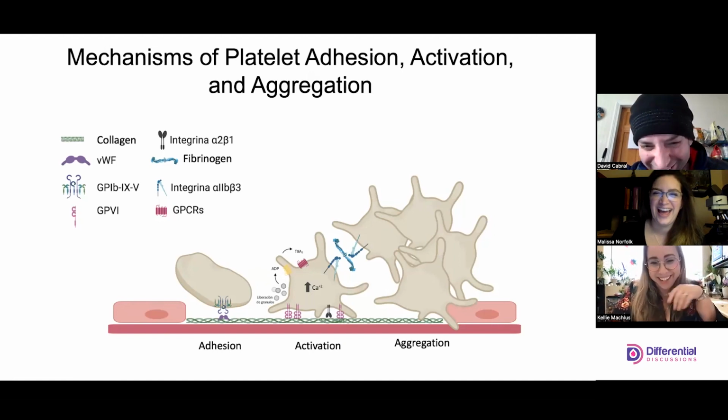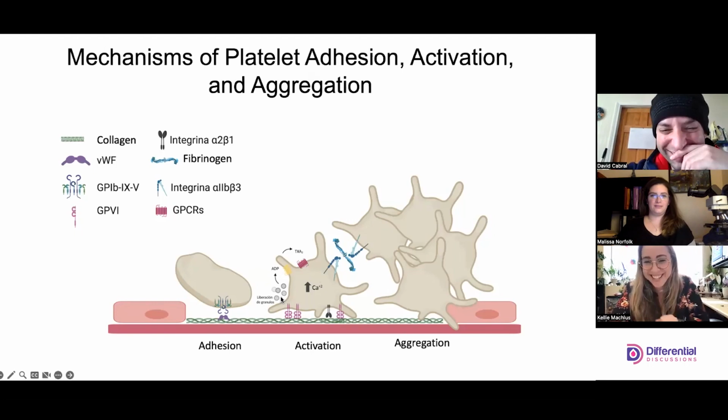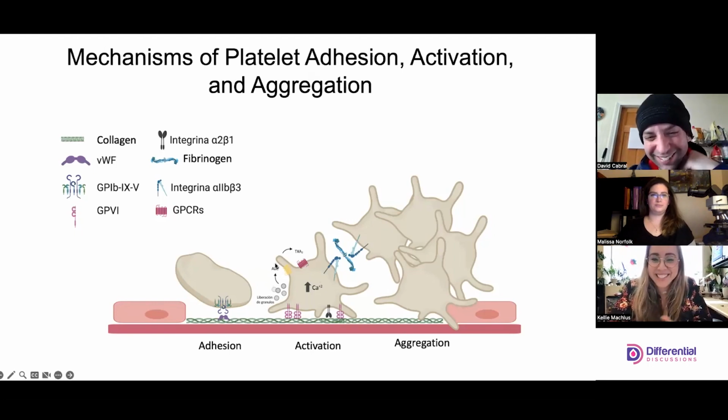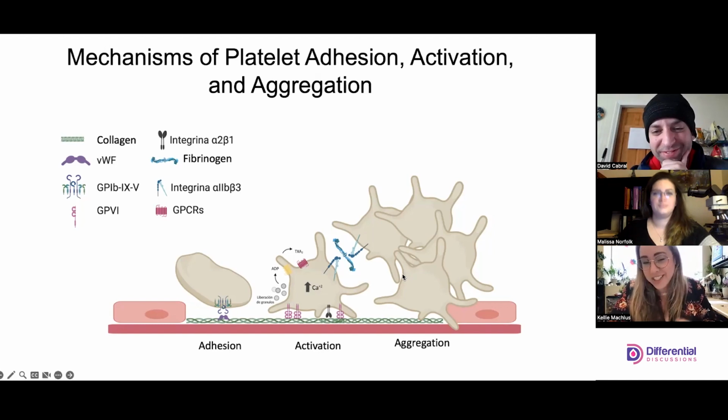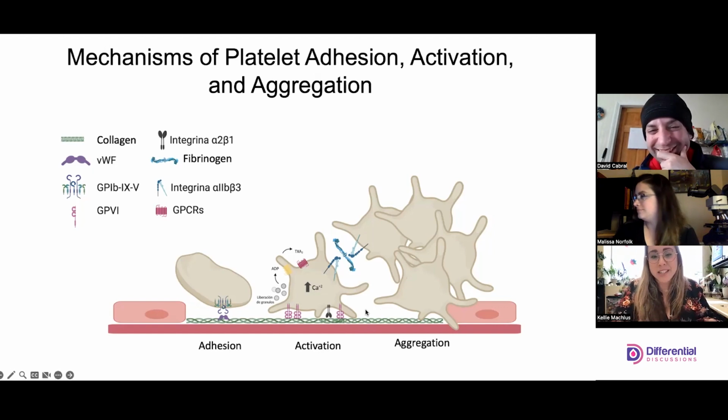Real talk right here. We're getting the liberation of granules in Spanish. And the release of things like ADP and thromboxane, and the activation, which will lead to aggregation and shape change. Oh my God, I love that I didn't change it. You guys, this is a real PI moment right here. The aggregation. So this is, in a very short nutshell, what's going to happen to the platelets.